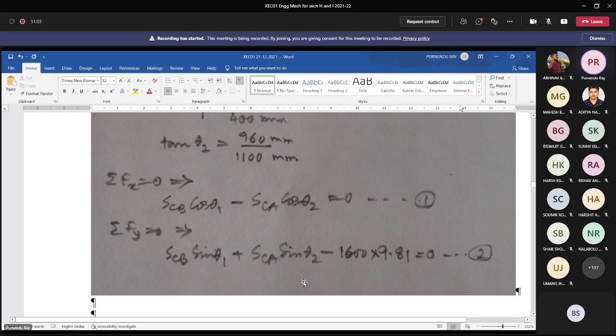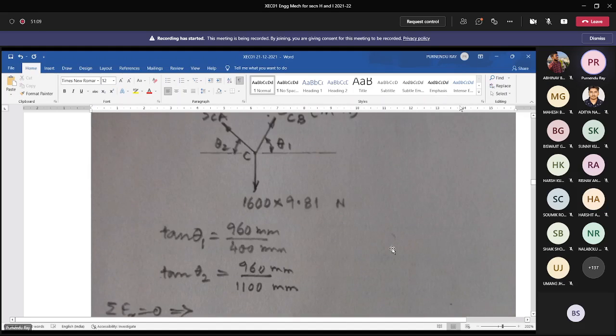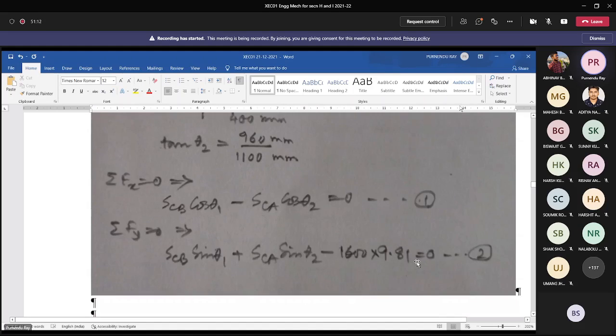For the vertical component, SCB sin theta 1 plus SCA sin theta 2 minus 1600 multiplied by 9.81 is equal to 0. I am expressing it in the form of this equation of equilibrium.